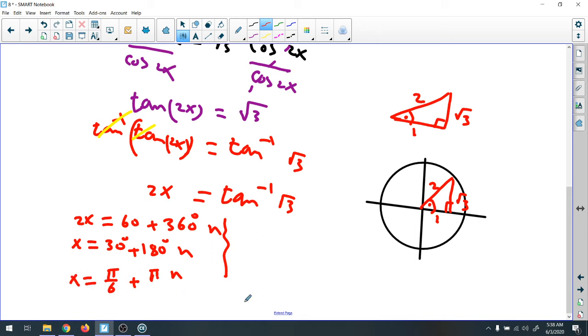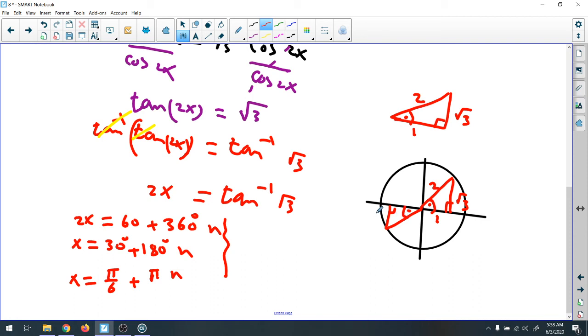The second solution: tangent is positive in first and positive in third. So if we draw this, the angle is here, and we know the description for that.